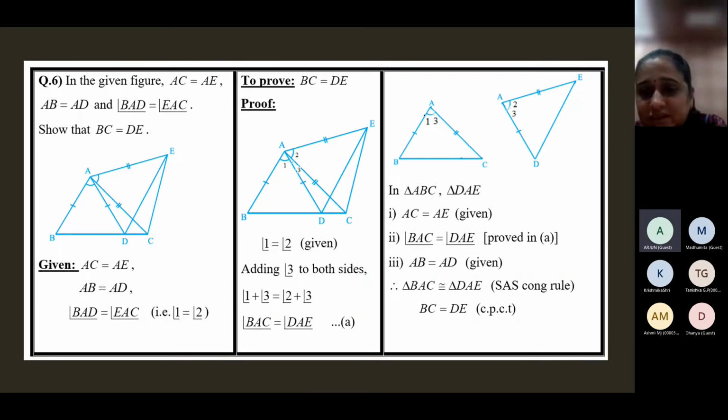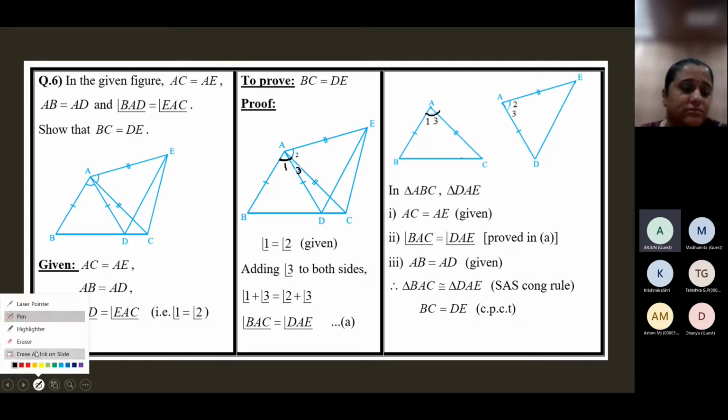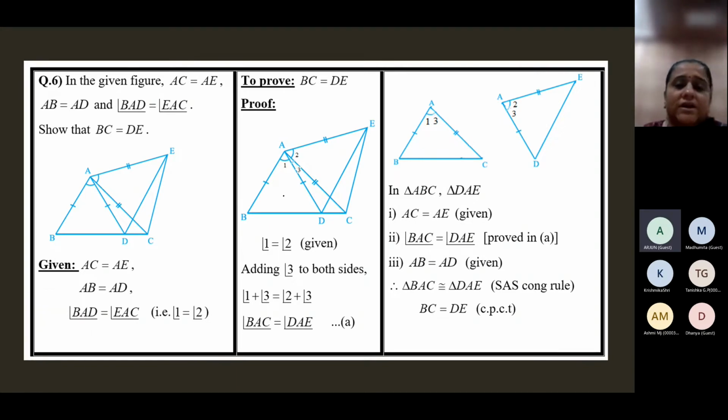In this triangle ABC, we have angle A. Angle A is this full angle, which is angle 1 and 3 put together. I have marked BAD as angle 1, and I've marked EAC as angle 2.